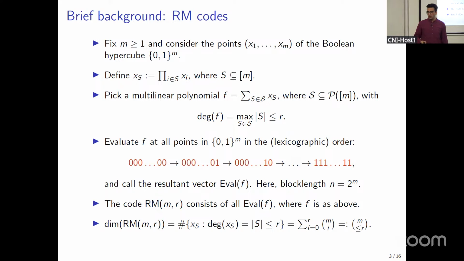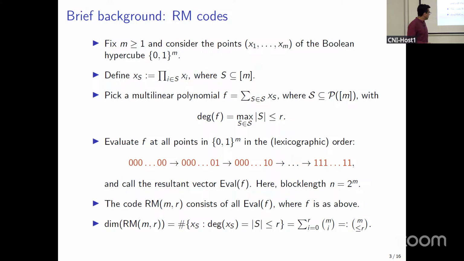Okay, so why am I calling this a multilinear polynomial? Simply because x squared equals x in the Boolean world. So we don't have monomials having variables that have degree larger than 1. If you ever have a degree larger than 1, you can replace it by a degree 1 term.